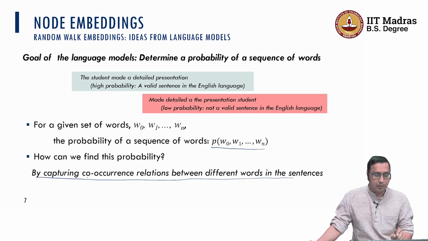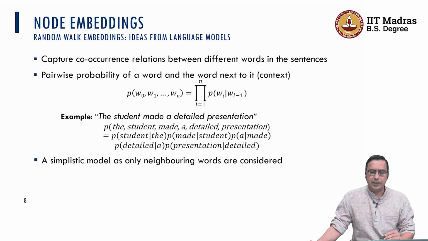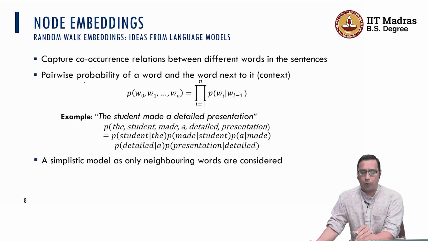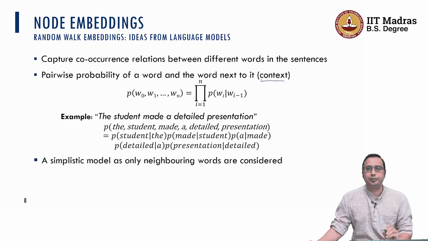Now this is similar to what we are trying to do with nodes. And this problem has been discussed in the language model literature, where what they try to do is find the pairwise probability of a word and the word next to it, or what they call its context.